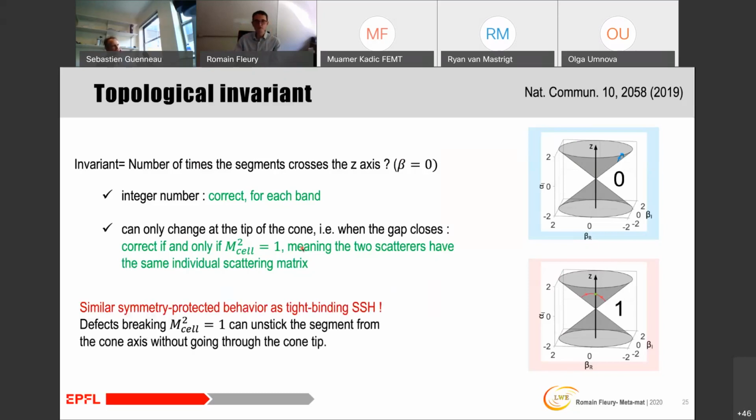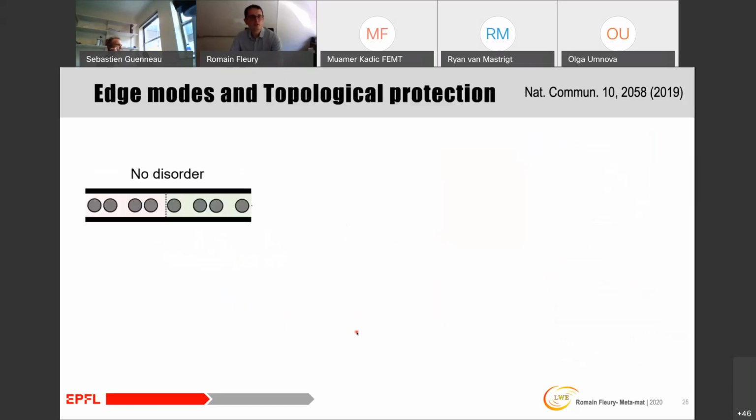So we have the same symmetry protected behavior as in the tight binding SSH, except that we generalized it to a multiple scattering system that can be useful for metamaterials or for photonic crystals, because you can have dispersive elements and everything you want. So let's look at this in order to make some kind of filter.